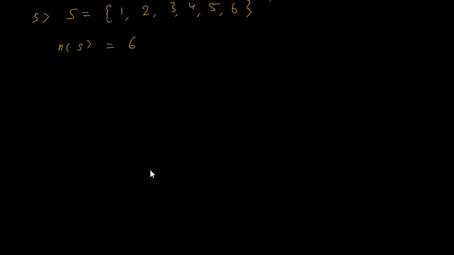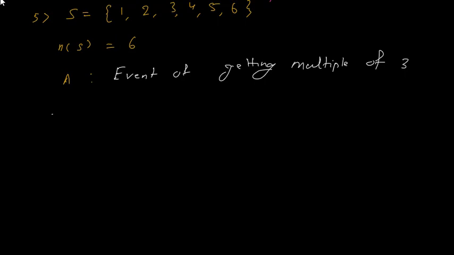You can define the event A as getting a multiple of 3. So A is the multiple of 3, that is 3 and 6. So n of A is 2.